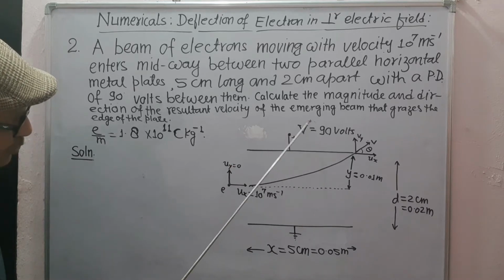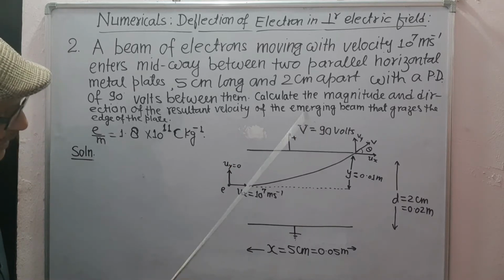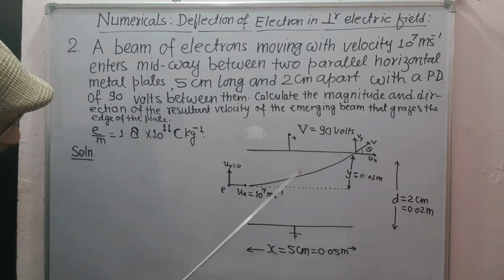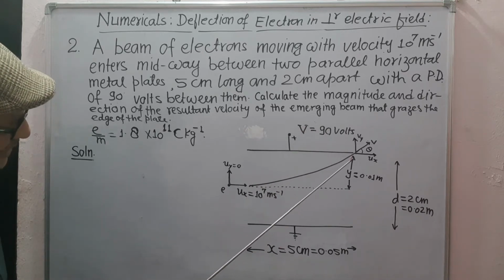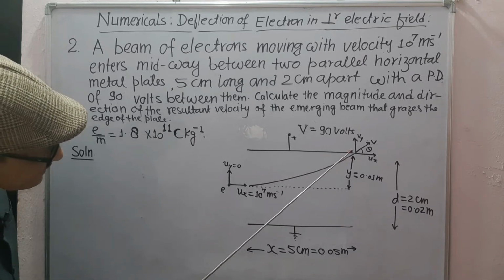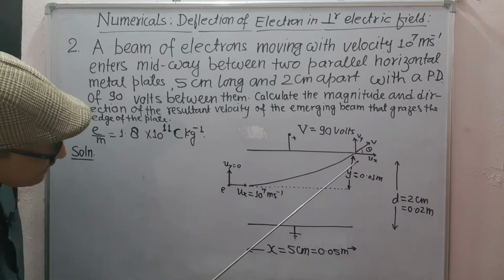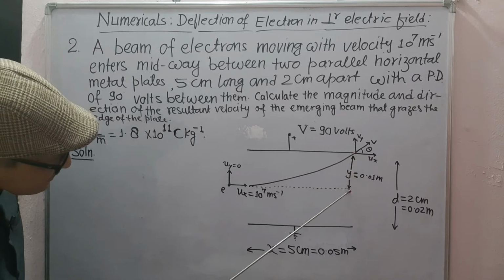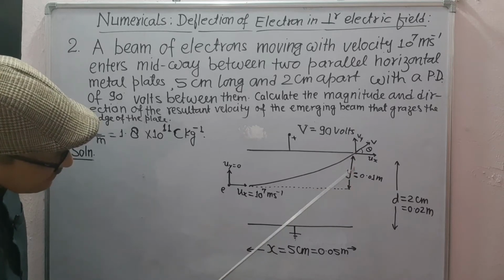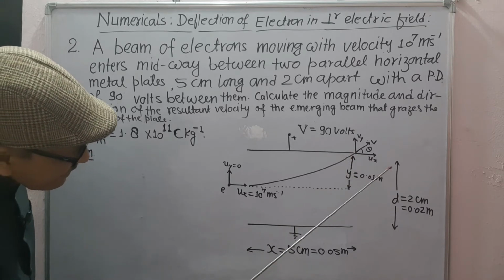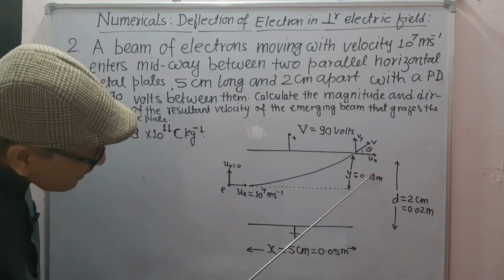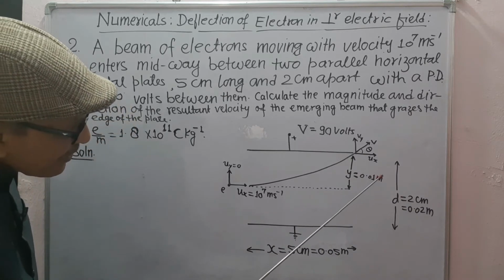The potential difference between the two plates is 90 volt, with, suppose, the upper plate being positive. While coming out of the electric field, the beam just grazes the upper plate. So the deflection y will be half of d, meaning 1 cm, that is 0.01 meter.